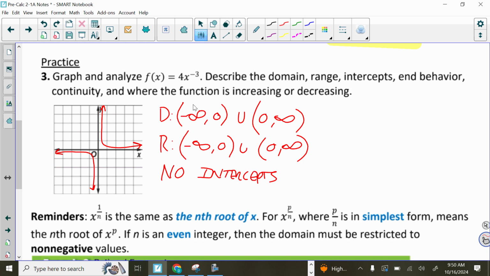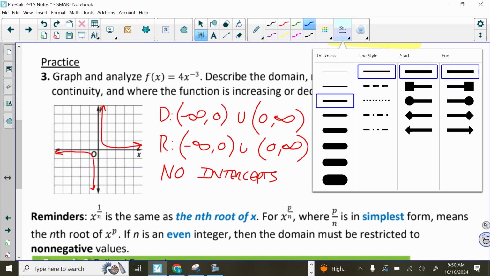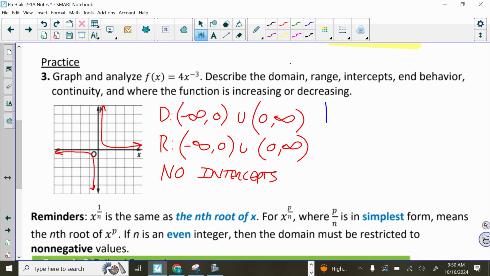And then when we talk about our limits, we can switch over to blue here, make it a little easier that way. The limit of f of x as x approaches negative infinity is equal to 0, right? As we get closer and closer to the left, we get closer and closer to 0 on our y values.